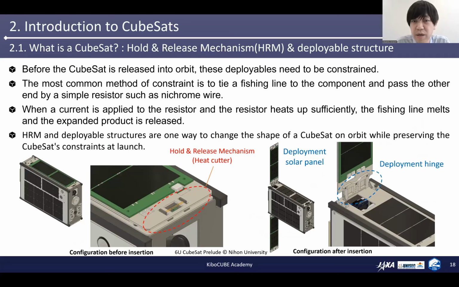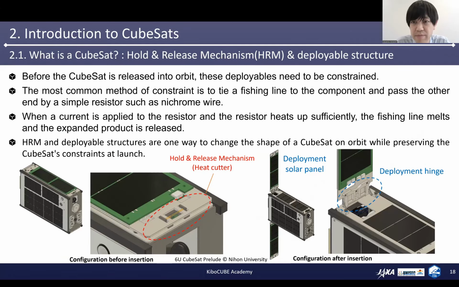As I mentioned in the previous slide, before the CubeSat is released into orbit, deployable components need to be constrained. For example, deployable solar panels to increase their sun exposure, deployable antenna, or a deployable sensor.